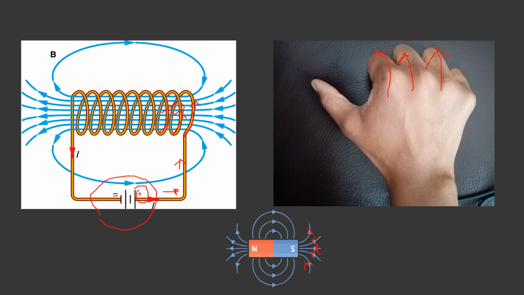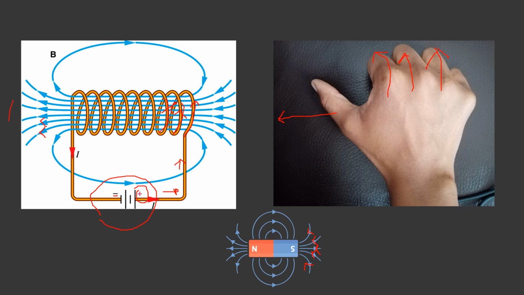So my thumb is pointing in this direction, right? So it means that my magnetic field lines will emerge from this direction. Hence, these arrows, you see these arrows are coming out of my solenoid from the left hand side.